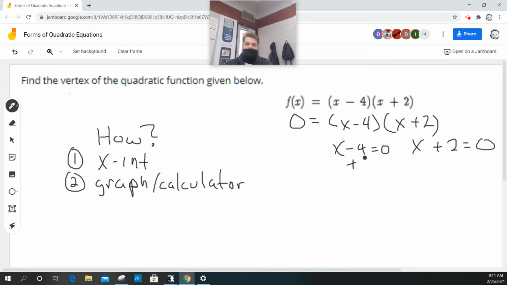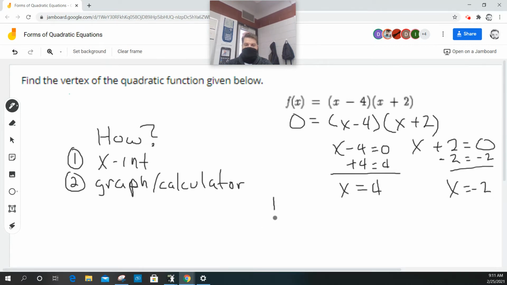So I'm going to add 4 to this side, and whatever I do on one side, I do to the other. So this intercept is at x equals 4. Over here, I'm going to subtract 2 from both sides, and I get x equals negative 2. So this is at negative 2.